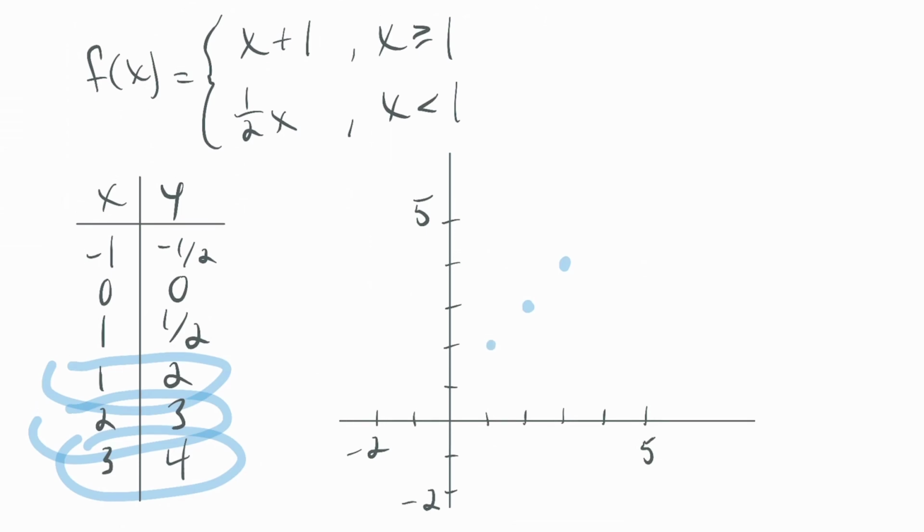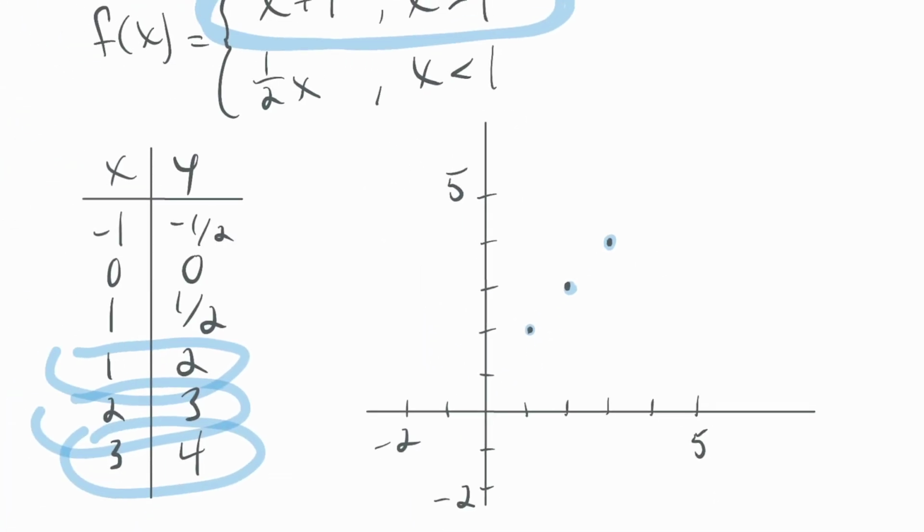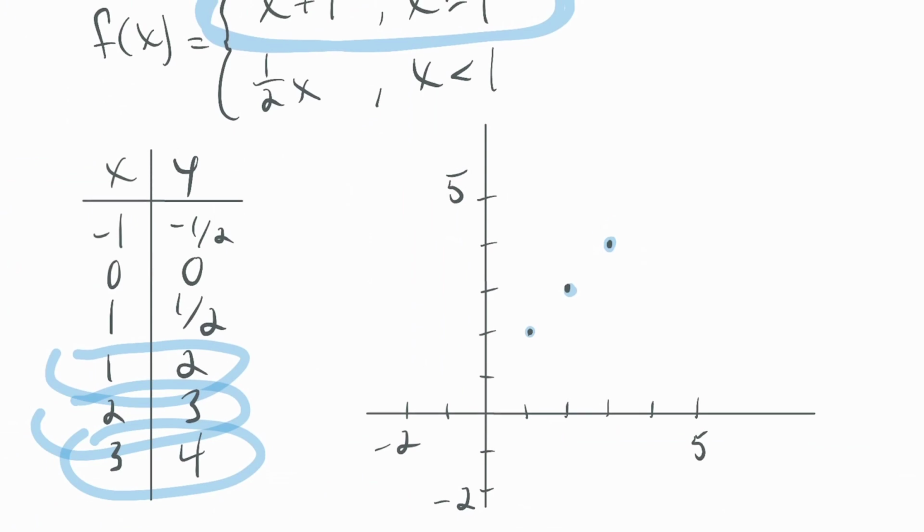Now, because this formula in the inequality that tells you when to use this one has x greater than or equal to, these are all solid filled in points. So I'm going to fill those in and try to make them as neat as possible, because I do want it to look relatively accurate. And I'll get rid of the blue highlight later if I need to.